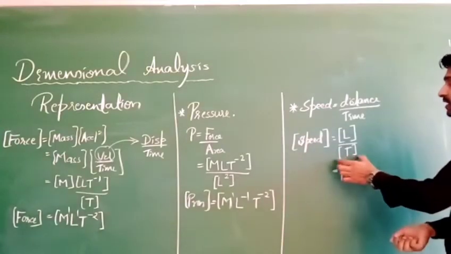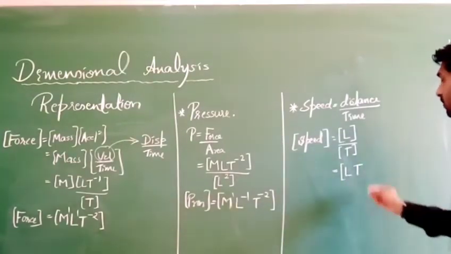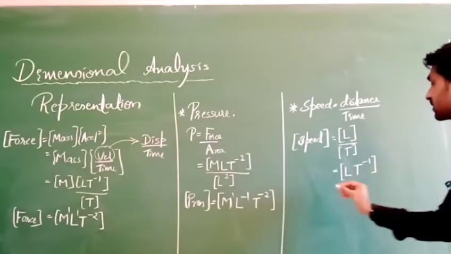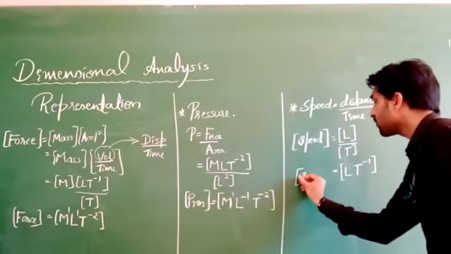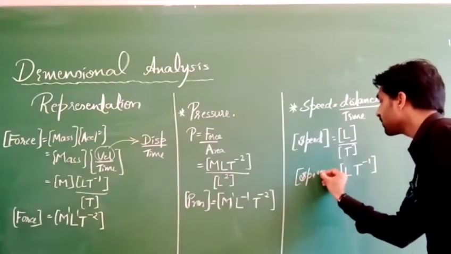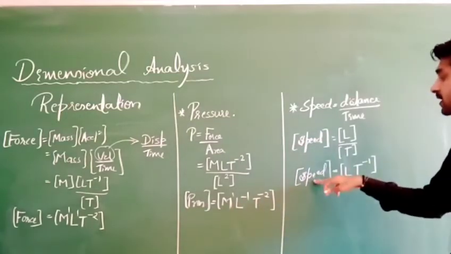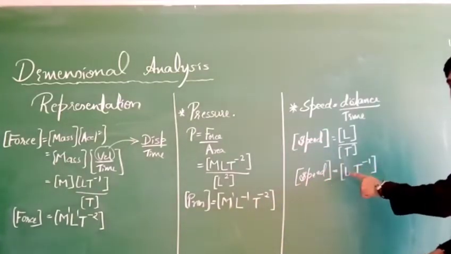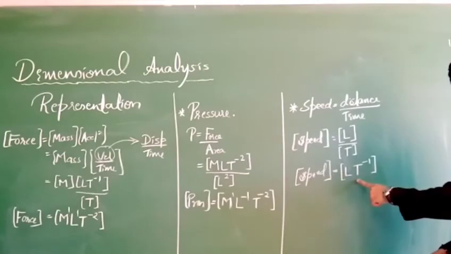If I take this T to the numerator, it will become T to the power of minus 1. This is the dimensional formula for speed. That means the dimensions of speed are 1 in length and minus 1 in time.